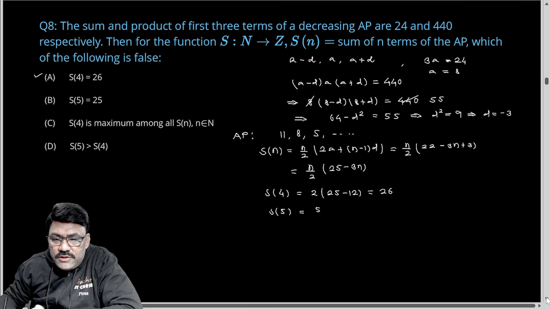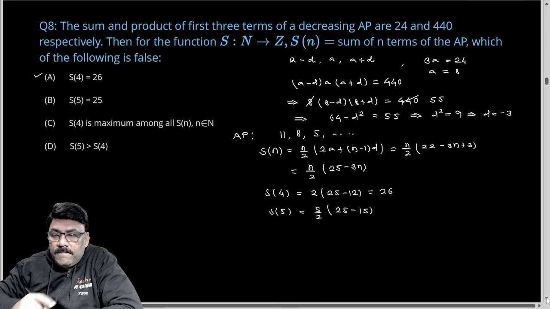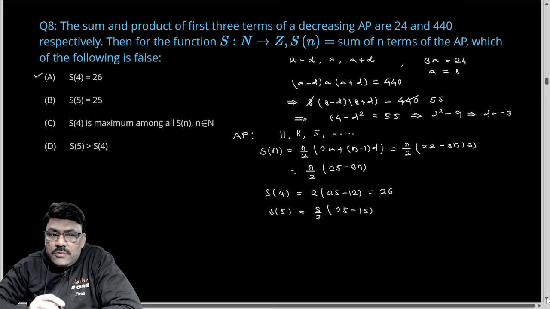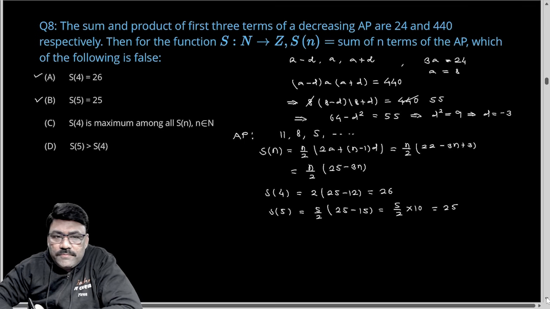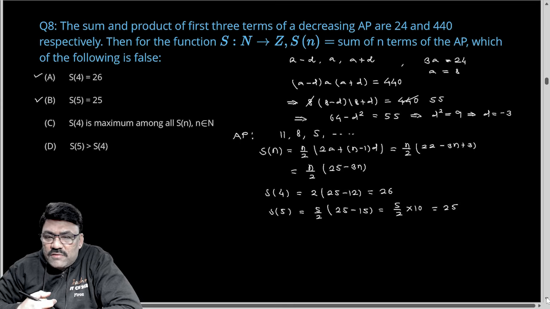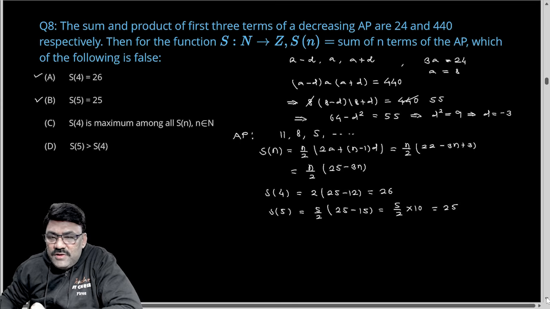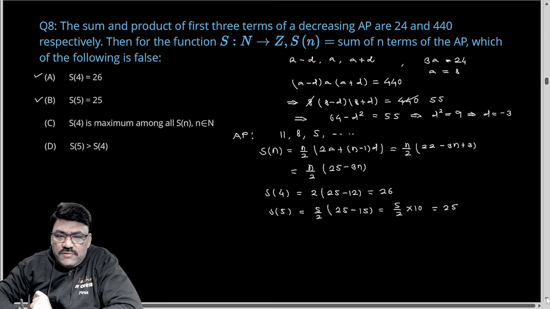S5 will be 5 by 2 into (25 minus 15), so it is 5 by 2 into 10. So it is 25. This one is also correct. S5 is less than S4, so this one is false.